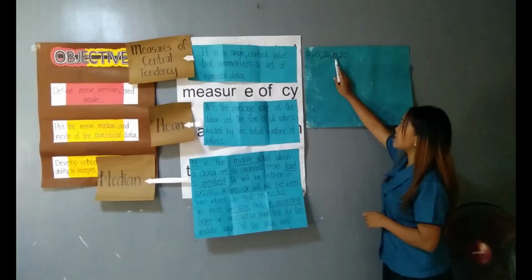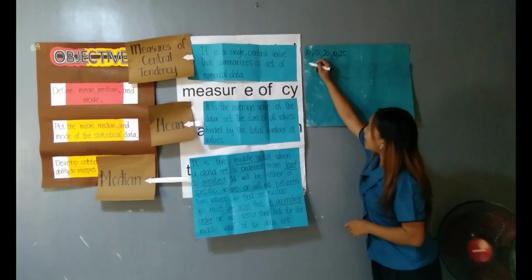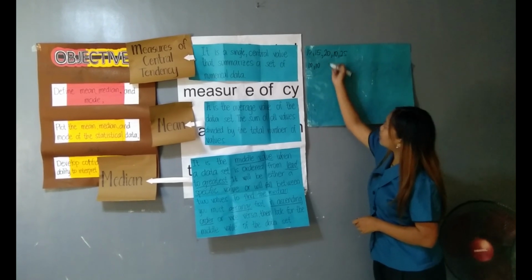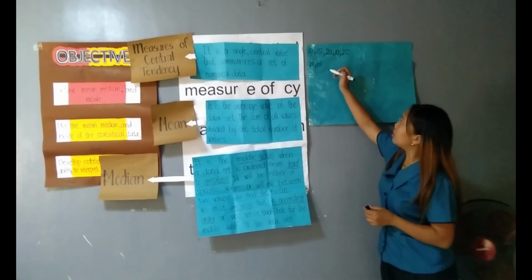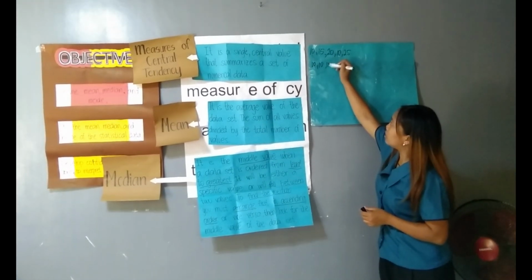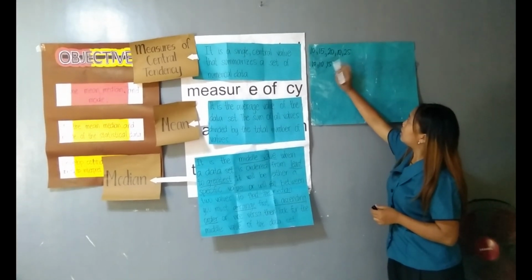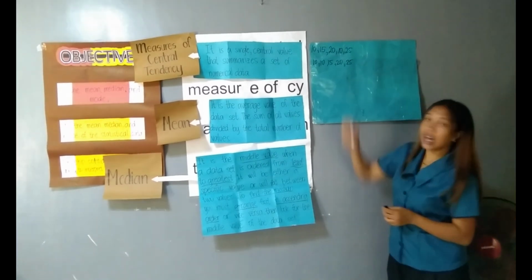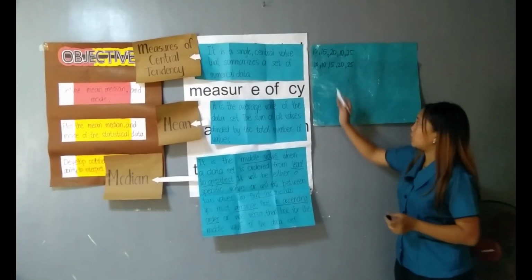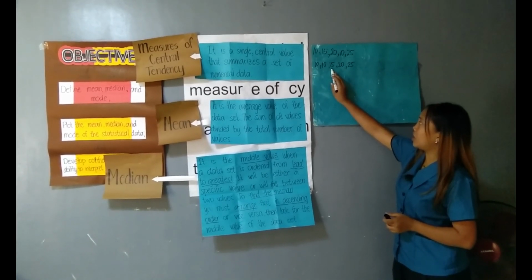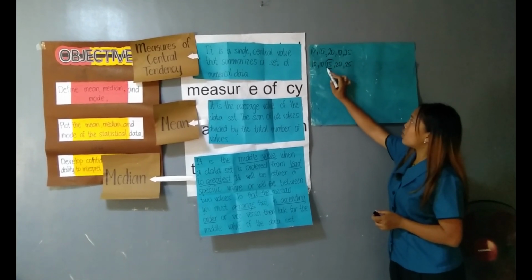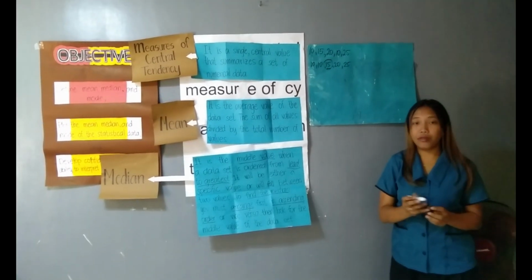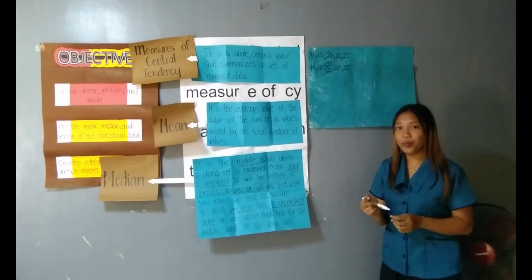So, our very least number here is 10, and 15, 20, and 25. Now we will find the middle value. The middle value here is 15. So, our median now is 15. So, gets nyo na? Okay, very good.